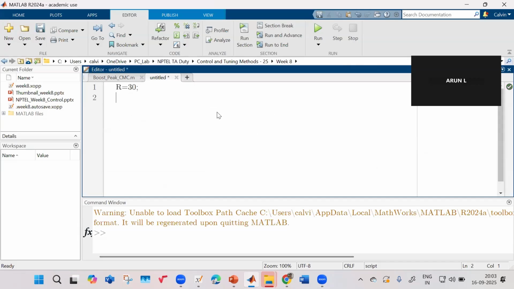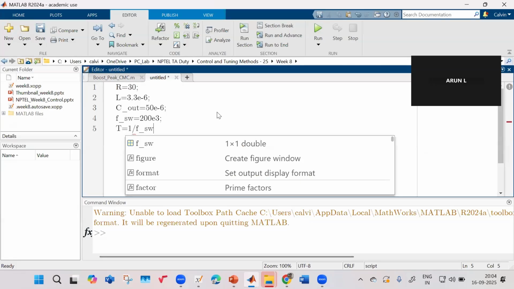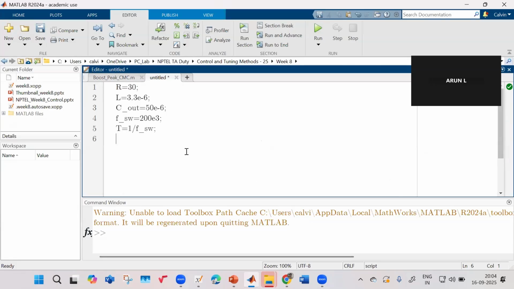Suppose your R is 30 ohm, L is 3.3 E minus 6, C out is 50 microfarad, switching frequency is 200 kilohertz, T is 1 upon FSW, right?